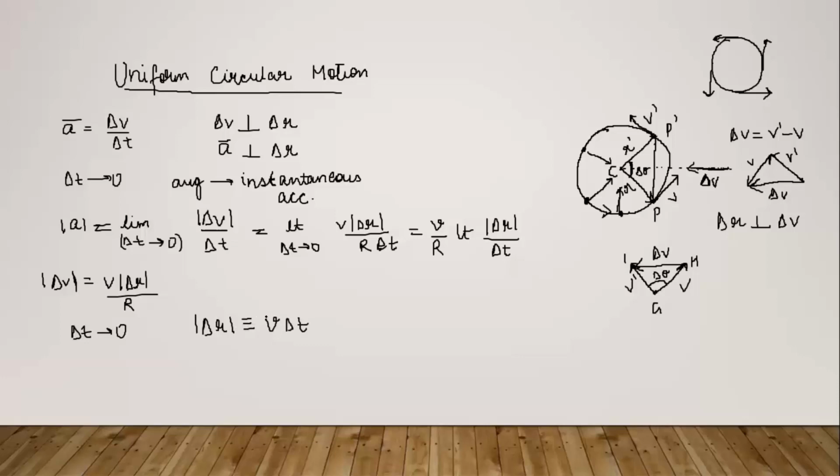What is this? This is speed equals distance upon time, nothing else. But the thing to notice is that this is for delta t tending to 0.